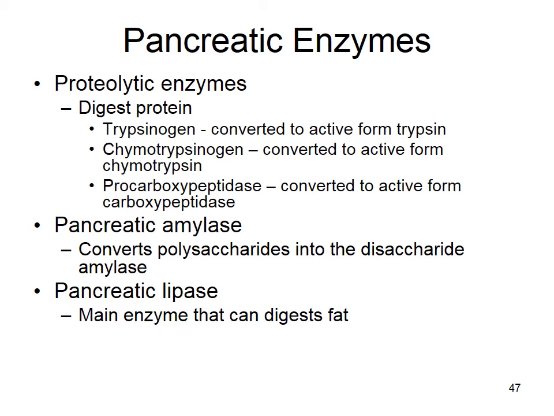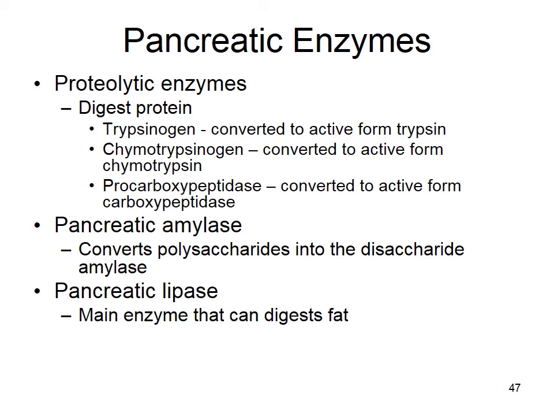Okay, pancreatic amylase, just like salivary amylase, is going to convert polysaccharides into those limit dextrins and into disaccharides. Okay, and then the disaccharides are going to be digested by those brush border disaccharidases on the enterocytes and then absorbed.